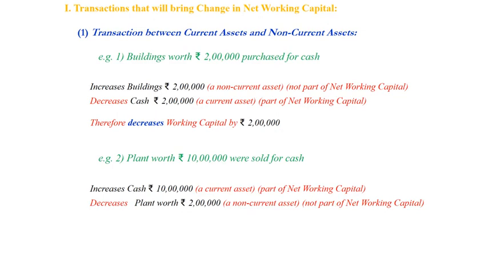It is going out. No effect on working capital. If plant decreases, it will not affect current assets or current liabilities. But increase in cash affects current assets. So increase in cash leads to increase in current asset. Therefore, it will increase working capital by rupees 10 lakhs. Hope you understood this transaction.